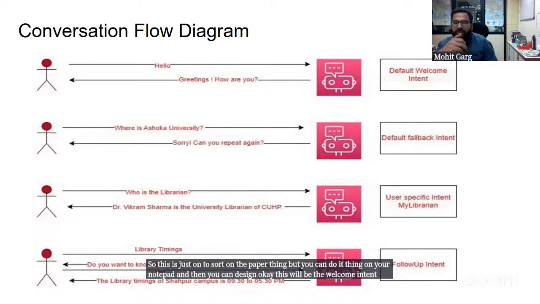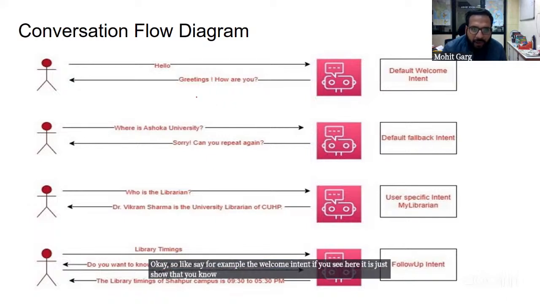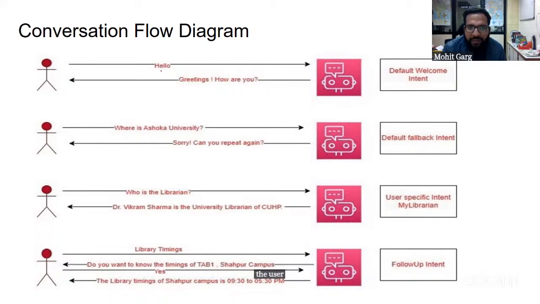Say, for example, the welcome intent, if you see here, it just shows that the user sends a greeting message, hello, and the chatbot responds with a greeting, how are you?